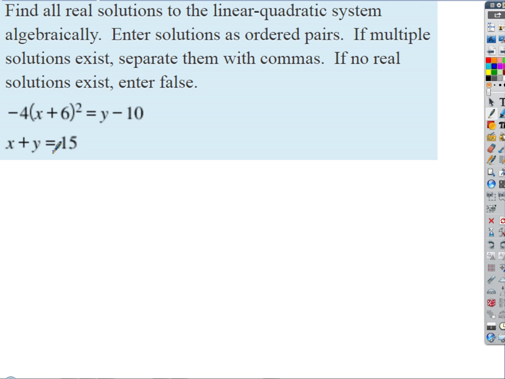So I could just subtract x from both sides, and we end up with y equals 15 minus x. So there's my substitution equation. That's what I'm going to substitute for y in the top equation, right? Because y is not in the part that's being squared. So that's what I want to substitute for.